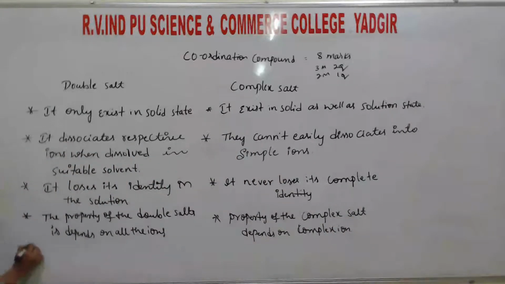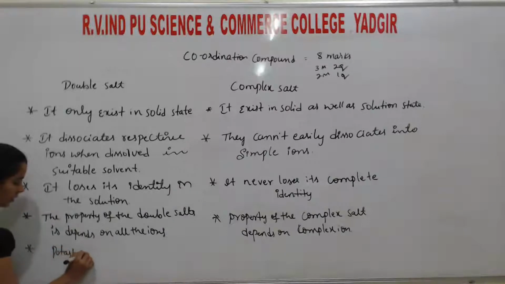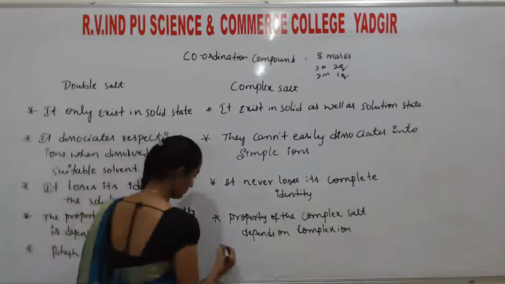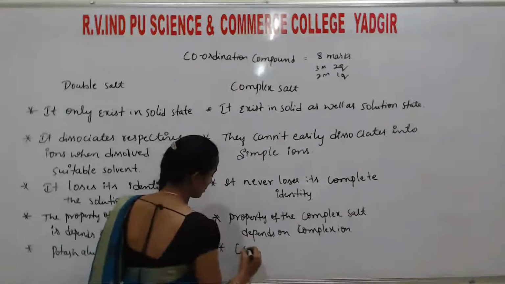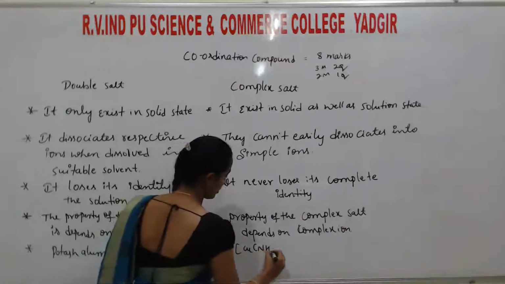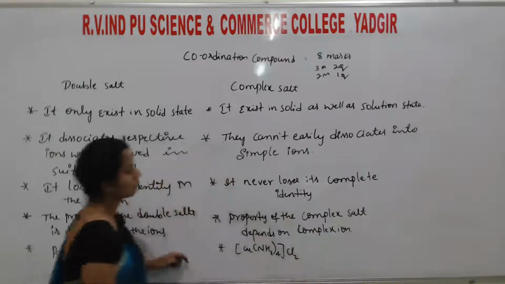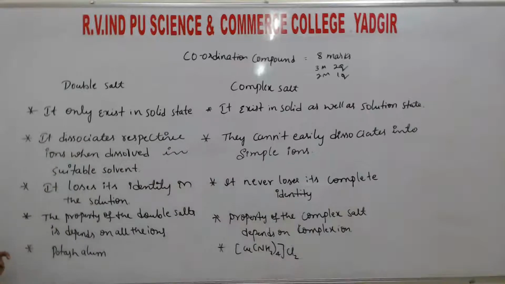Okay, the last one is the example. You write potash alum, and here you may write [Co(NH3)4]Cl2. So this is the difference between double salt and complex salt.